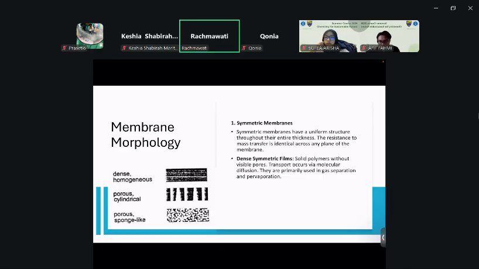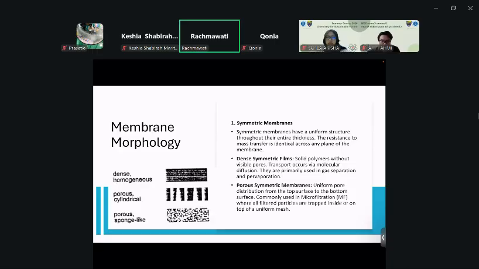Transport might occur via molecular diffusion, and they are primarily used in gas separation and pervaporation, or something even smaller. There are also porous symmetric membranes, which have uniform pore distribution from the top surface to the bottom, and they are commonly used in microfiltration, where all the filtered particles are trapped inside or on top of a uniform mesh.